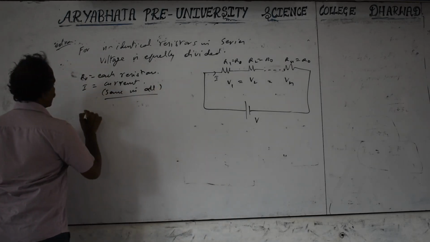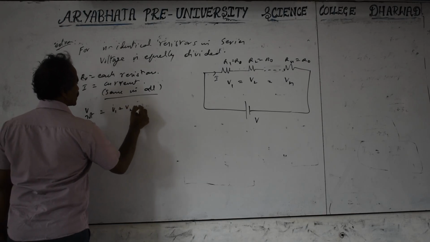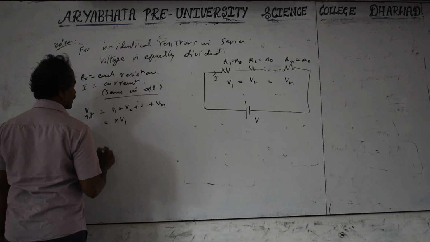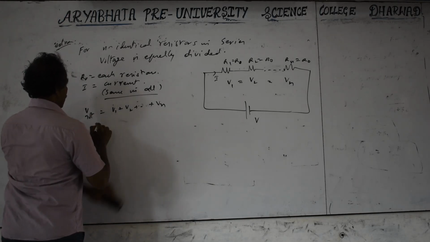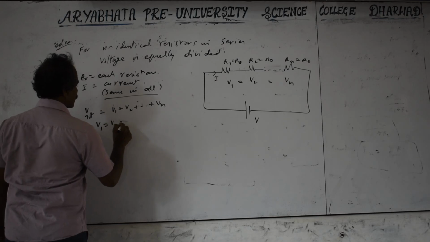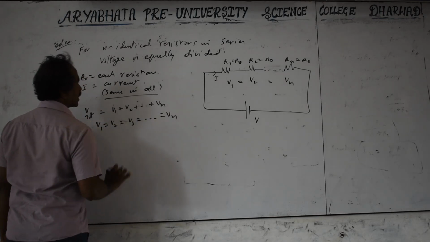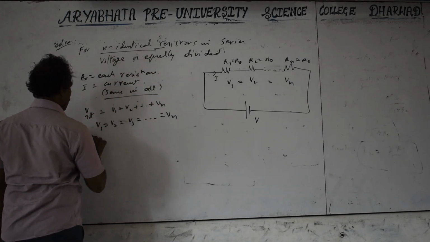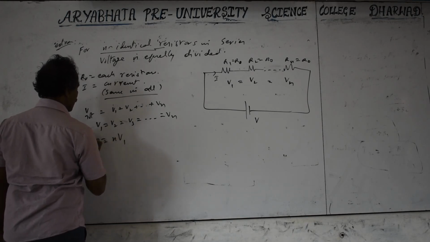V is the total voltage, V1 plus V2 and so on plus Vn, which is equal to n times V1. For identical resistors, V1 equals V2 equals V3 and so on equals Vn. Therefore, V total is equal to n times V1.